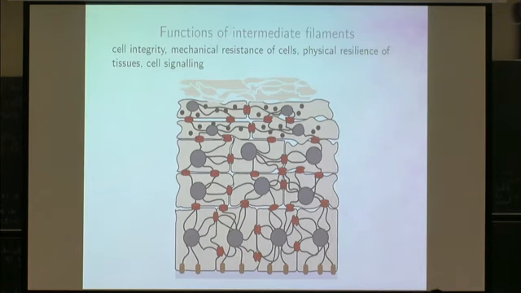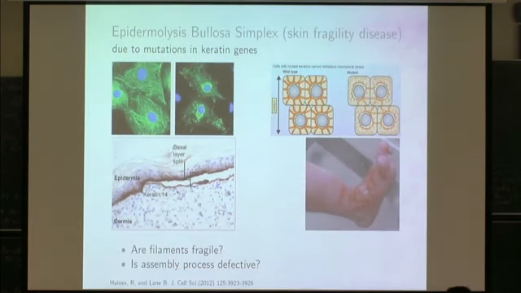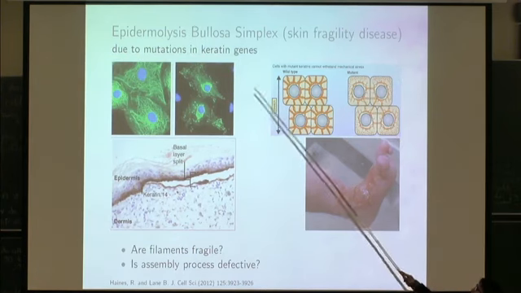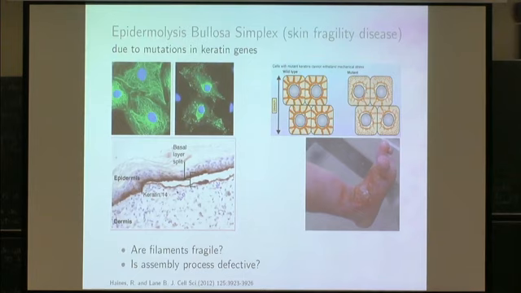And now if we keep going with this epithelium example, but we take a pathology, a disease as an example, the skin fragility disease, EBS, and this disease has been linked to a mutation on the gene expressing the keratin.